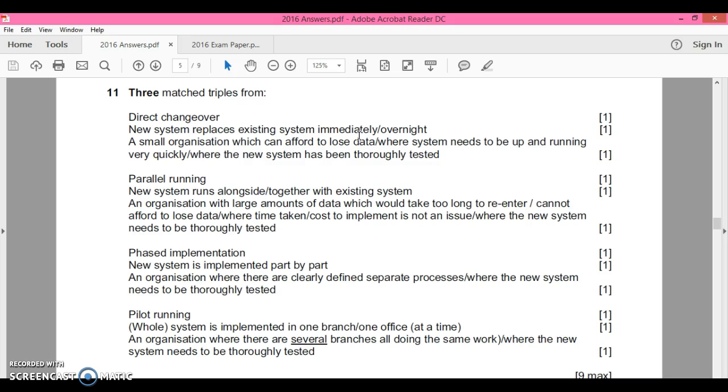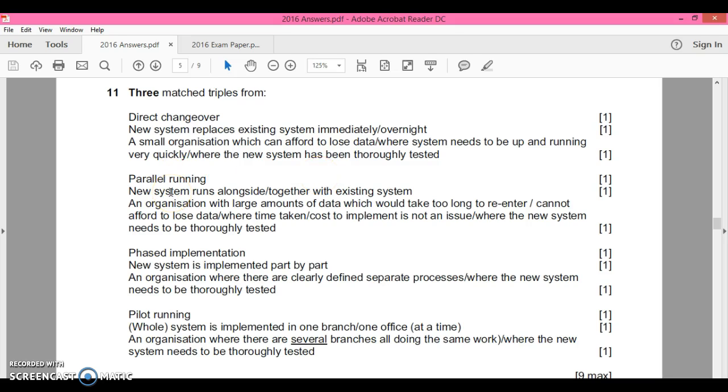I've worked in supermarkets where they've updated the tills overnight, and then I walk in the next day and we've got a new system. So it suits a small organisation which can afford to lose data, where the system needs to be up and running immediately, and where the new system can be thoroughly tested as it goes along.